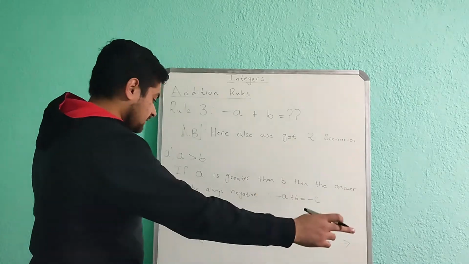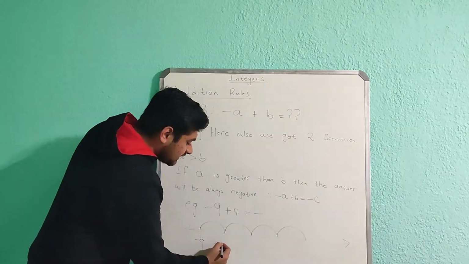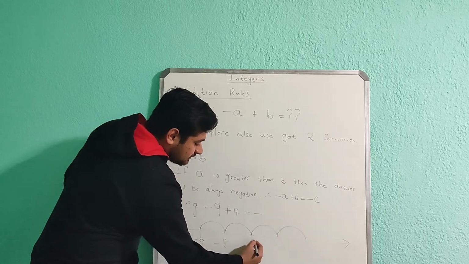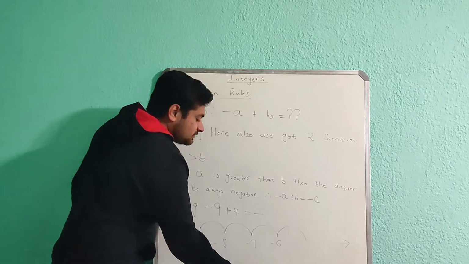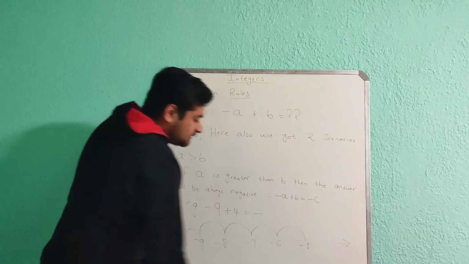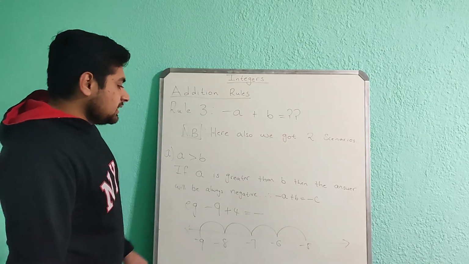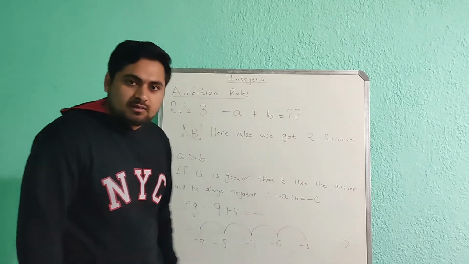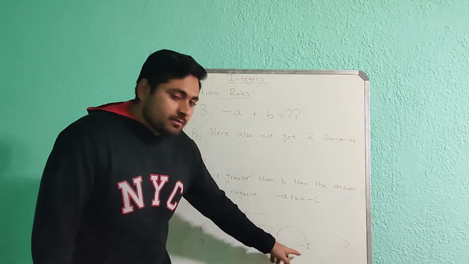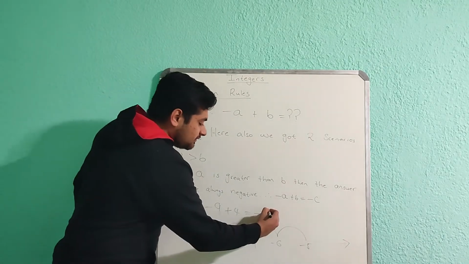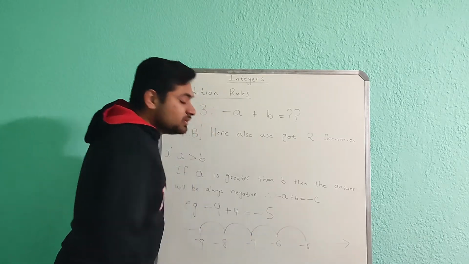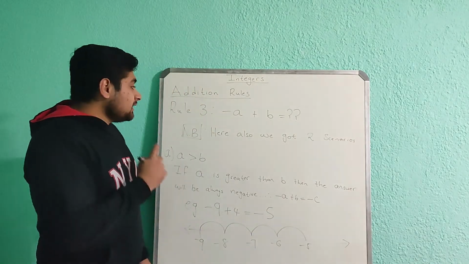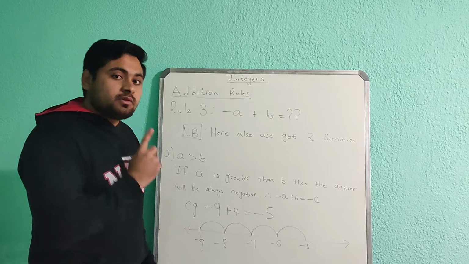They are increasing, right? So we'll have negative 8, negative 7, negative 6, negative 5. As we can see, we knew our sign was negative, we just never knew what the answer is. So we have confirmed from the number line that our answer is negative 5. So that was scenario 1 of rule 3.